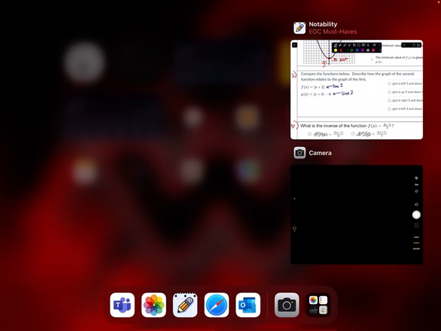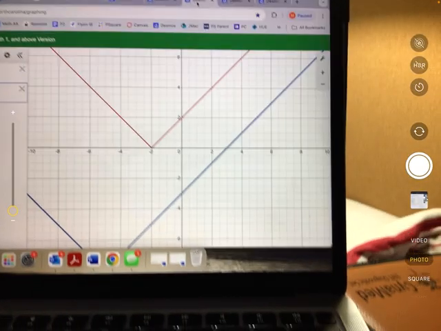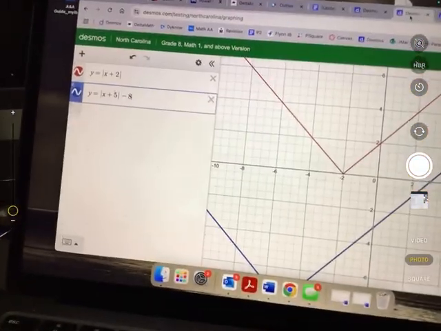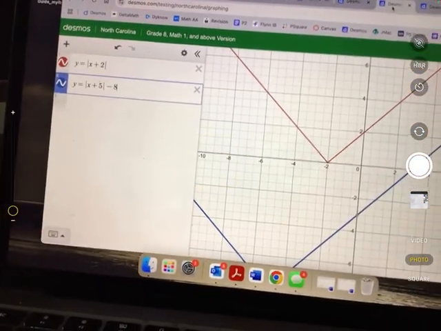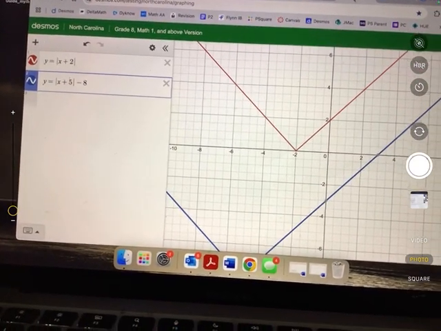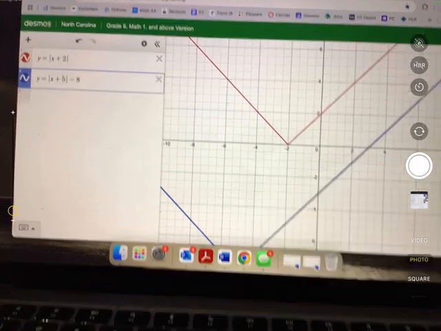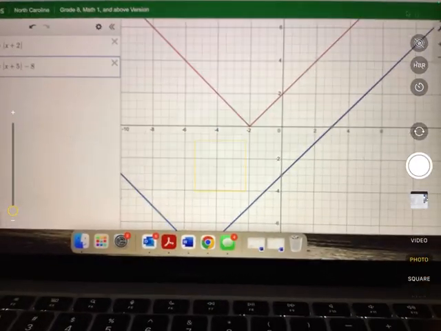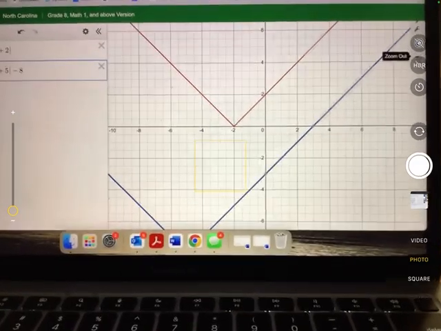Okay, so here we go. This is what you should be looking at. I'm going to pay really close attention to my colors here. My red is F, my blue is G. Your colors might be different, but the first one is F, the second one is G. Then I'm going to zoom out just a tiny bit so my lines go by ones.